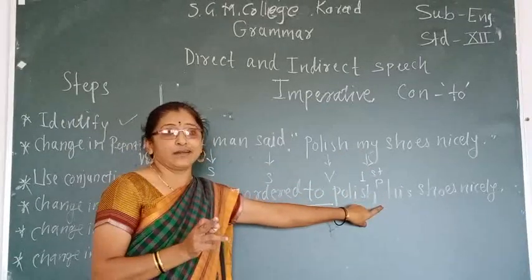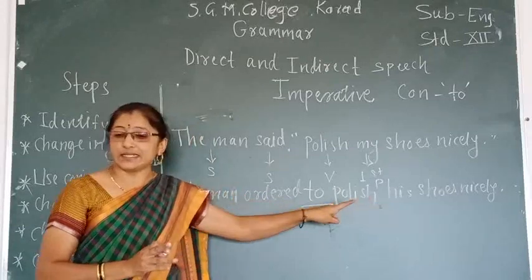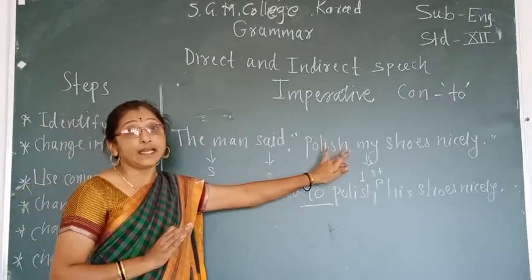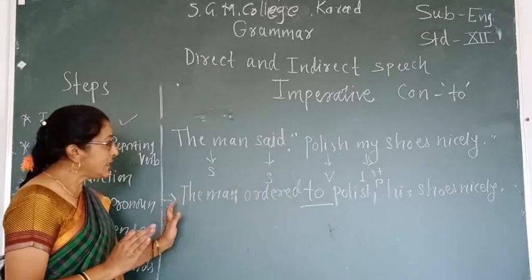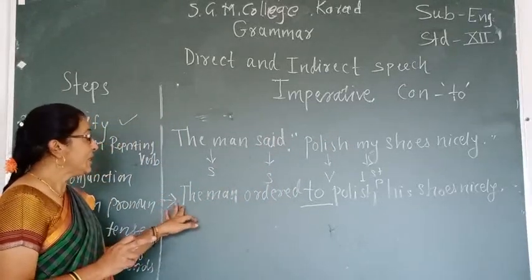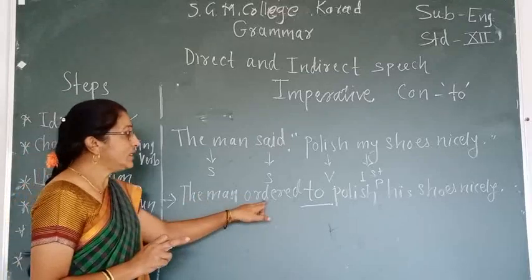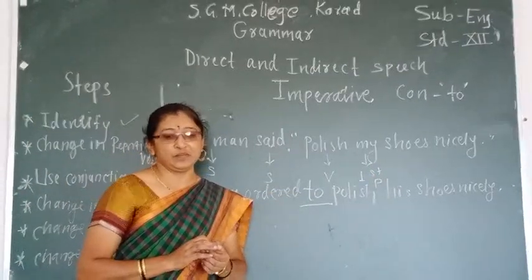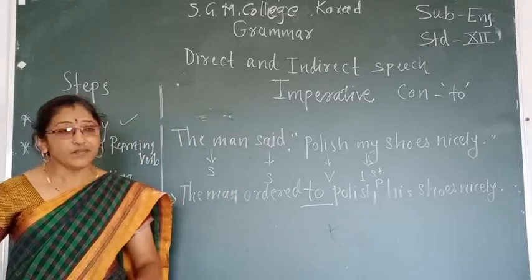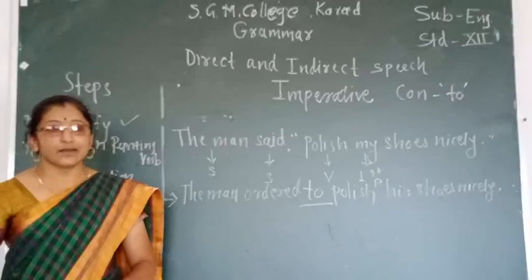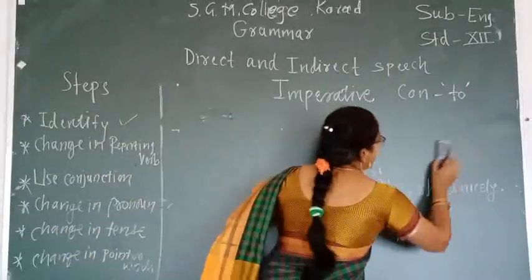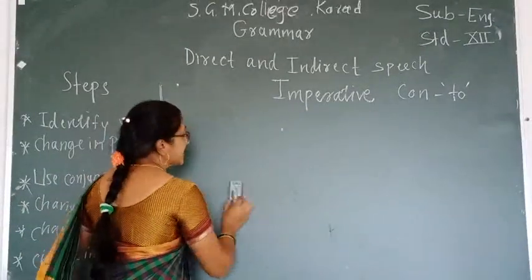Again remember, in imperative sentences there is no change in the tense of reported speech. The final sentence in indirect speech is: The man ordered to polish his shoes nicely. Yes, understand? Okay.